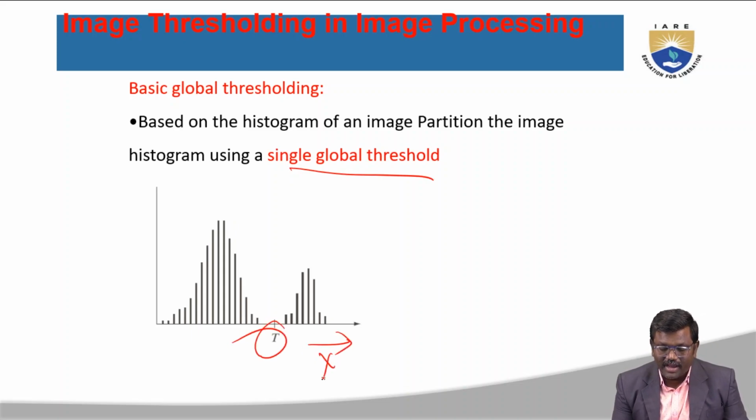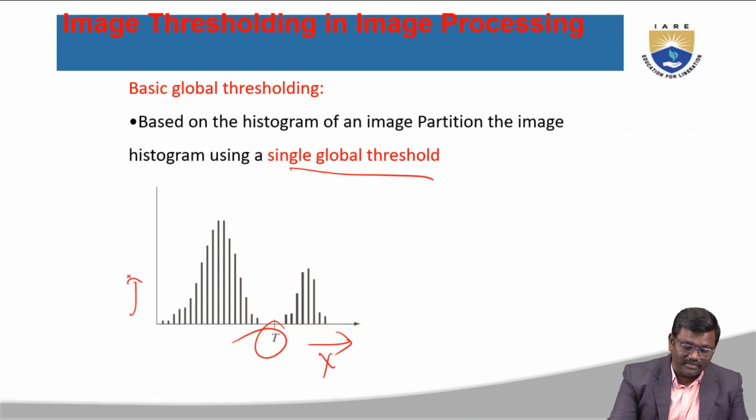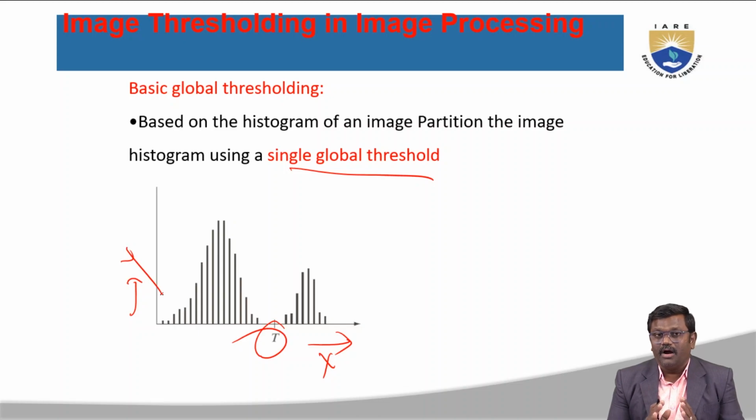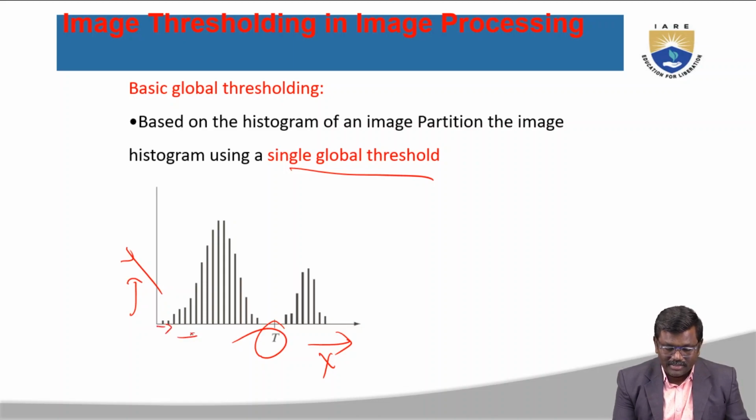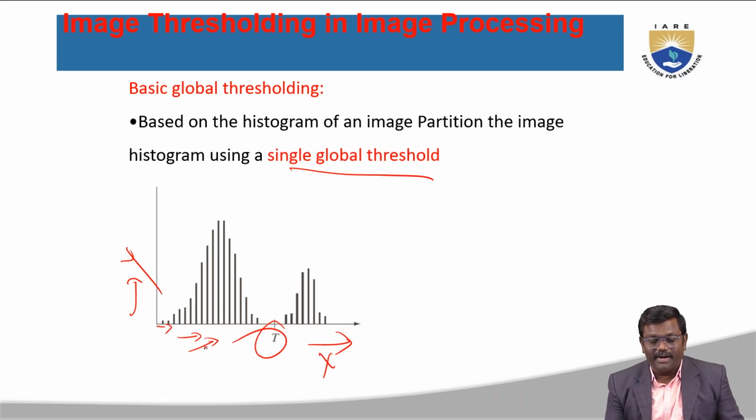The x-axis always has the intensity of the values, and y always has the number of pixel occupancies within the image. We compare one to the other based on the relationship, and we find the intensity distribution value by using the threshold and the histogram.